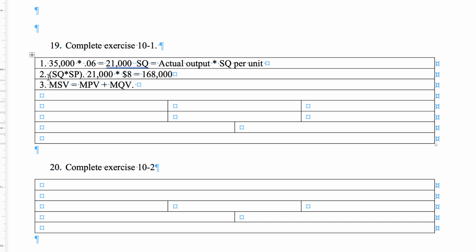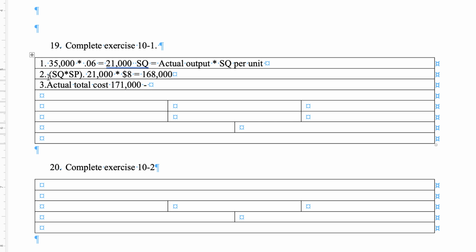I'm going to rearrange this just a little bit. We know the actual total cost, which was given to us, was $171,000.